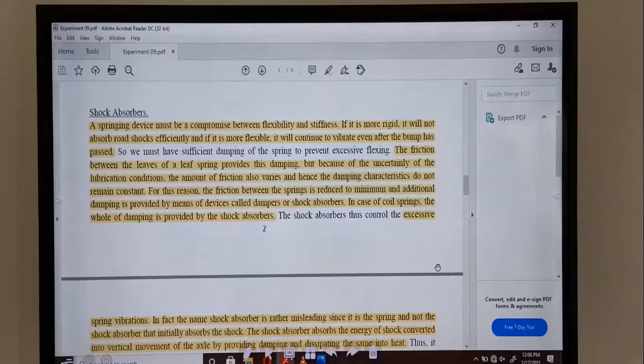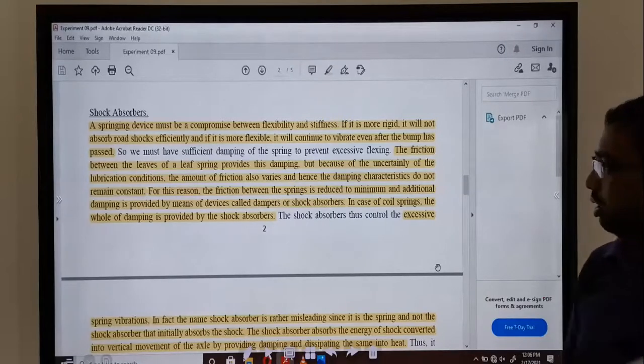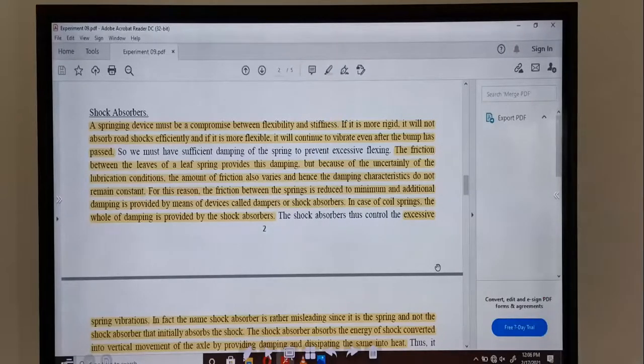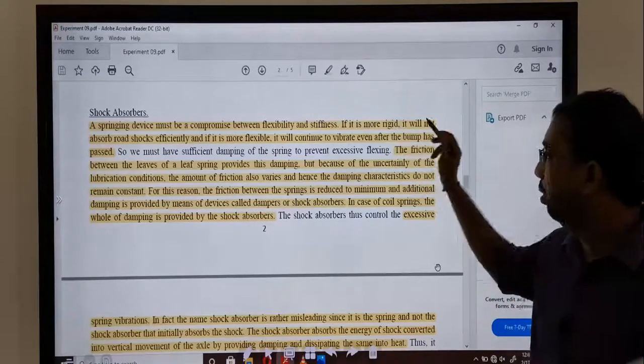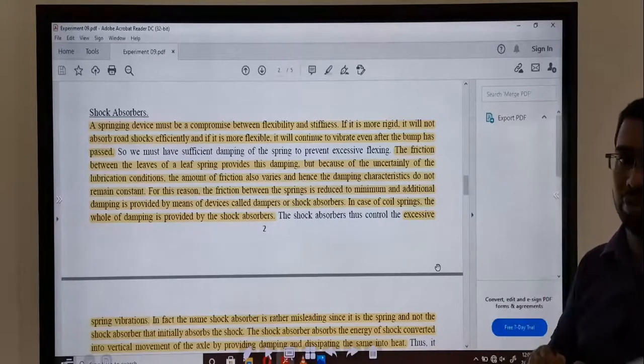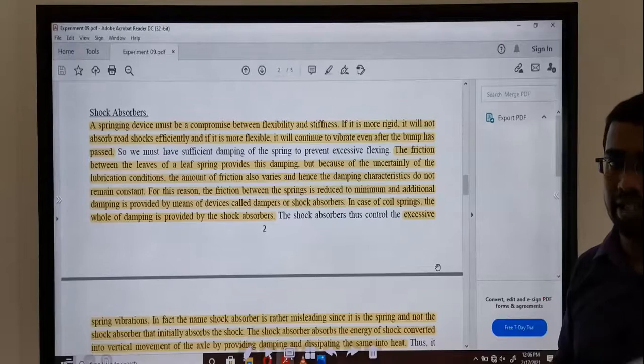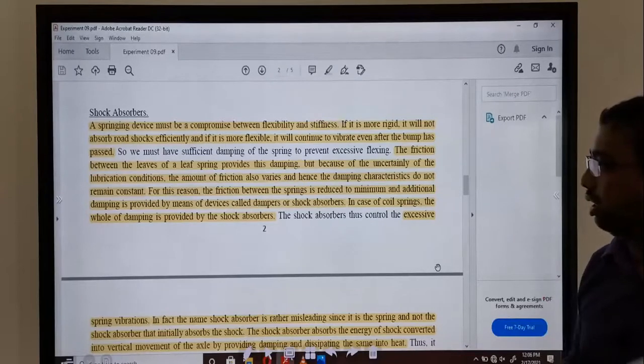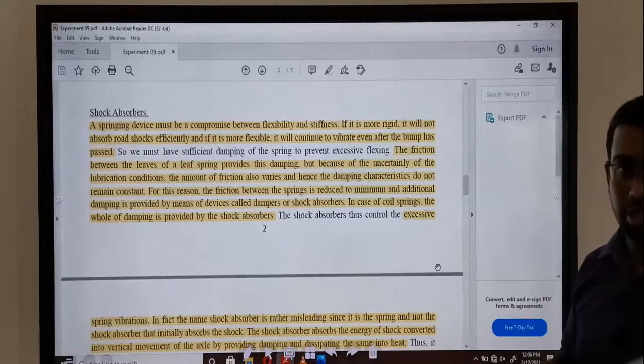If it is more rigid, very hard, it will not absorb road shocks efficiently, so the passenger can feel the vibrations.